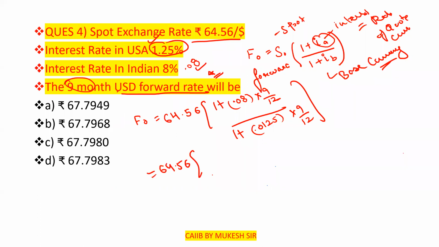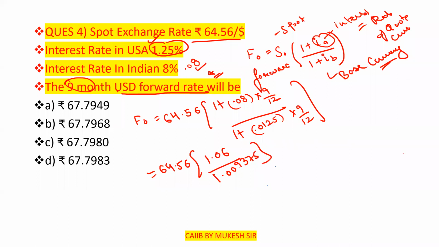64.56 into, as the options are also very near, 1 plus 0.08 into 9 divided by 12, which is basically 1.06, upon 1 plus 0.0125 into 9 divided by 12, that is 1.009375.